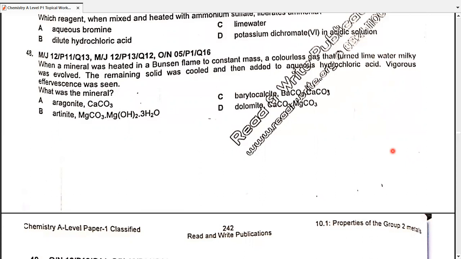The remaining solid was cooled and then added to aqueous hydrochloric acid. Vigorous effervescence was seen.